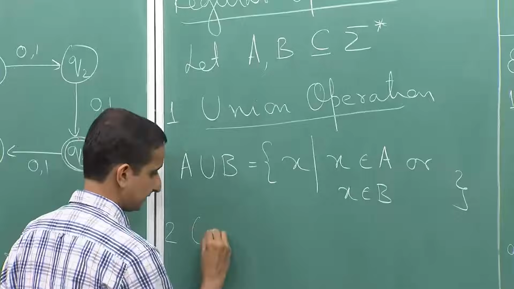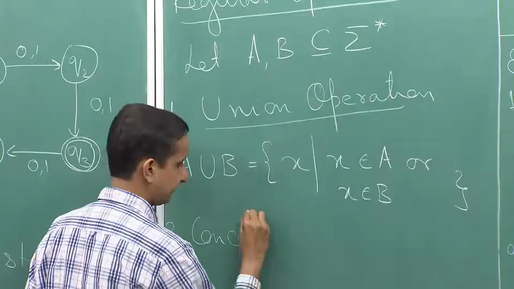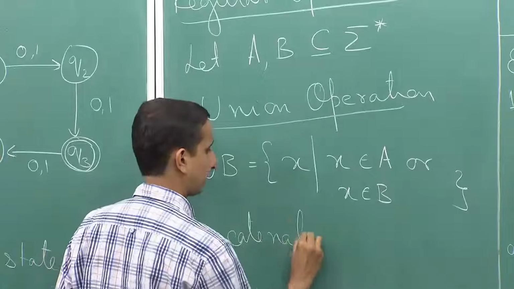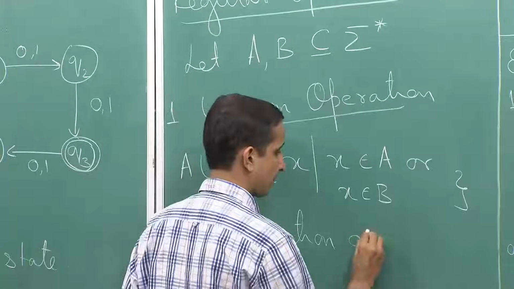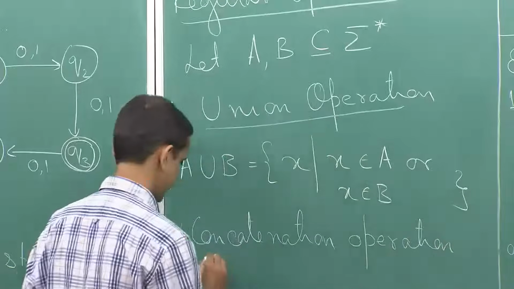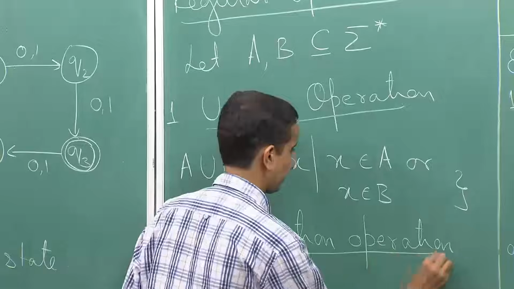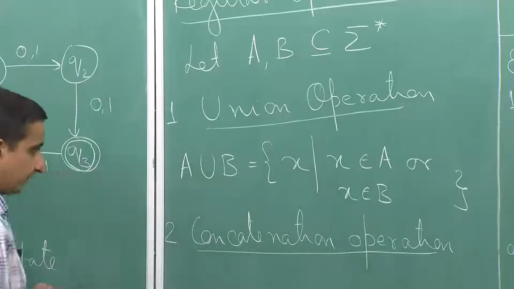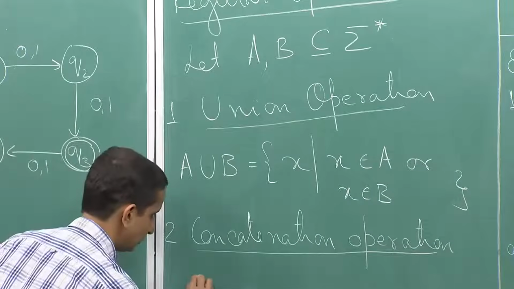The next is what is called the concatenation operation. So, we denote this with a dot in the middle.